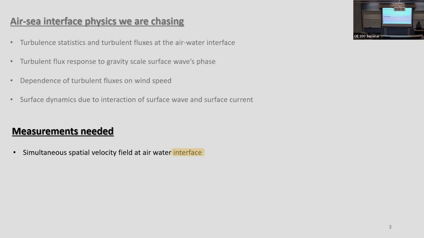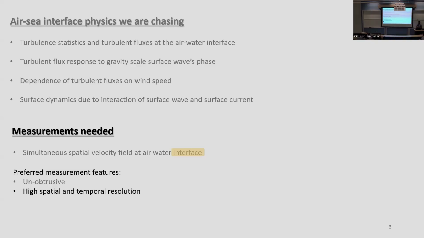Again, highlighting the word interface here. But apart from the basic requirement, wouldn't it be nice to have the measurement be unobtrusive, a remote measurement? Wouldn't it be nice if the measurement has high spatial and temporal resolution? And would it be awesome if we had a structured grid?